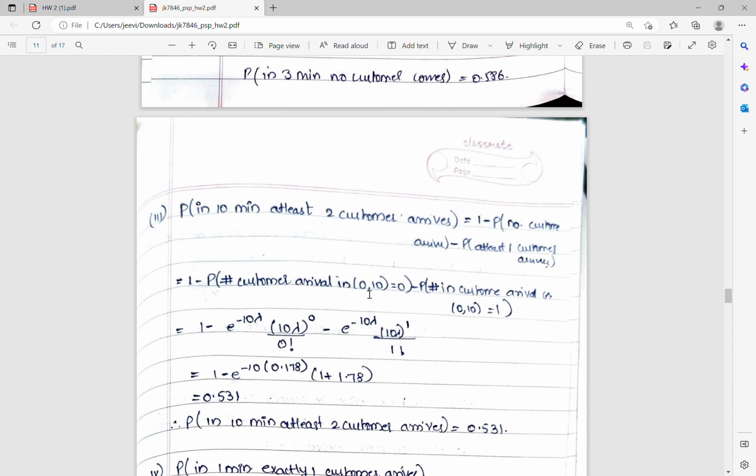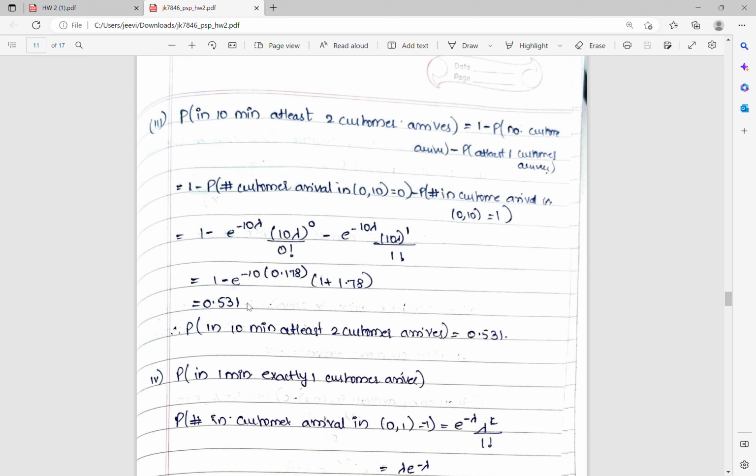When we substitute the t, k and lambda values, we get 1 minus e^(-10 × 0.178) times (1 + 1.78), which is equal to 0.531.